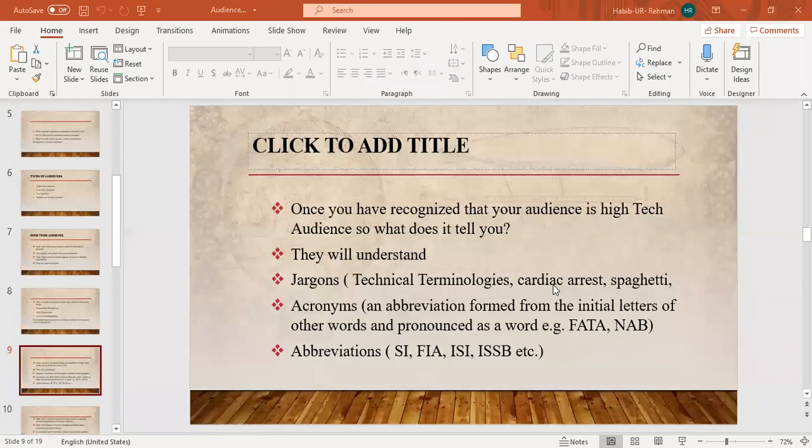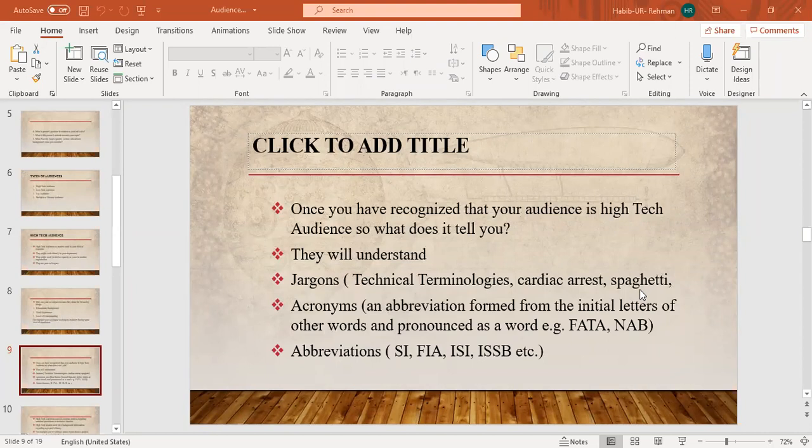Same is the case with spaghetti. Spaghetti we usually call pasta. But spaghetti has a different meaning for the people who extinguish fires, the firefighters. When they ask where is spaghetti, it doesn't mean that they are asking for a certain food or looking for spaghetti or pasta.